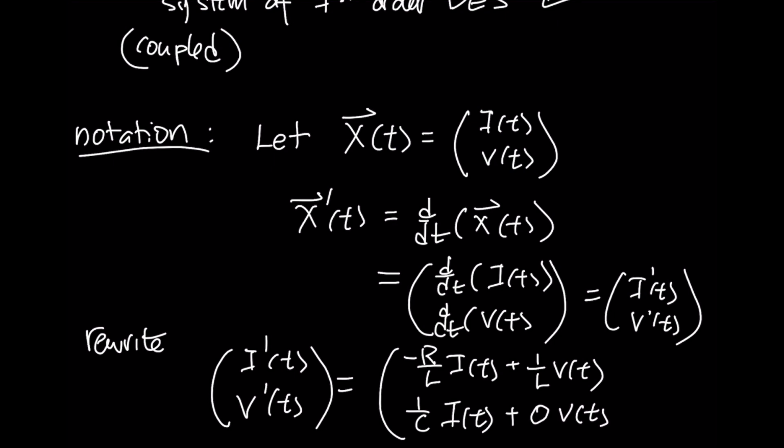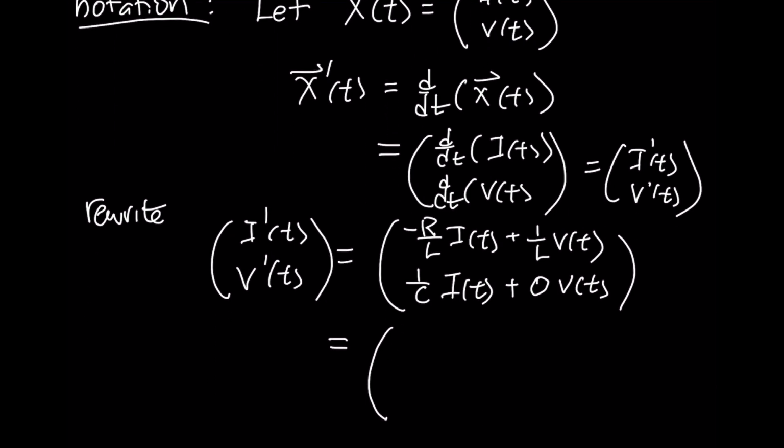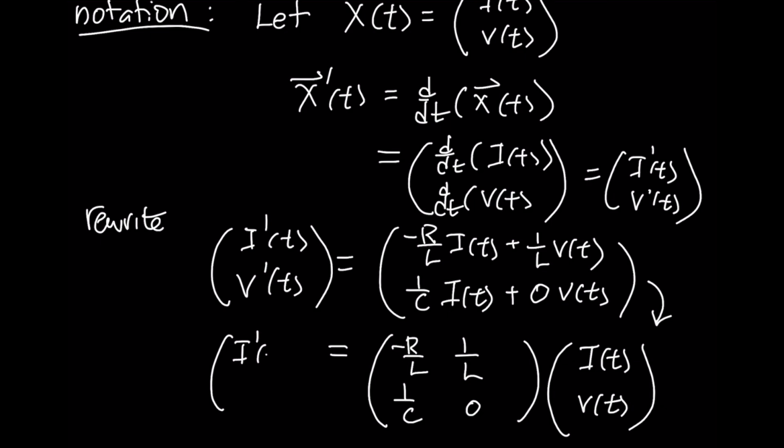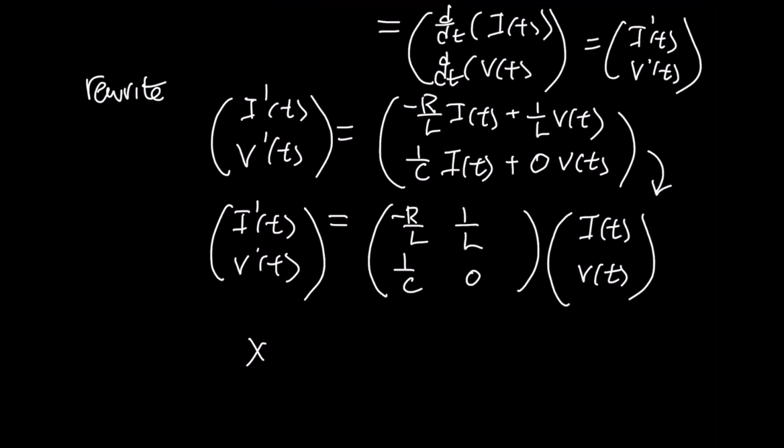If we introduce our unknown vector again, this produces a matrix vector product, and we'll have negative R over L, 1 over L, 1 over C, and 0. As such, this can be written a lot more compactly as x prime of t equals A x of t, where we define this matrix as A and our unknown vector is x of t.